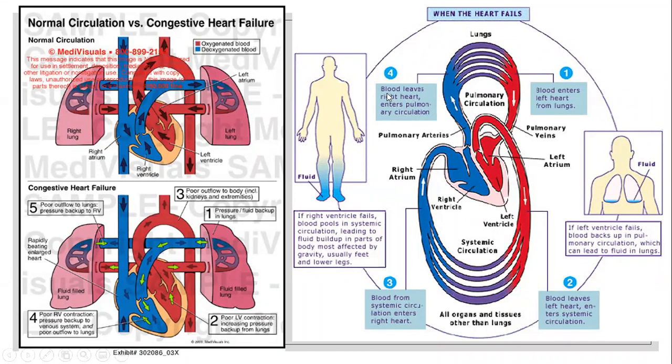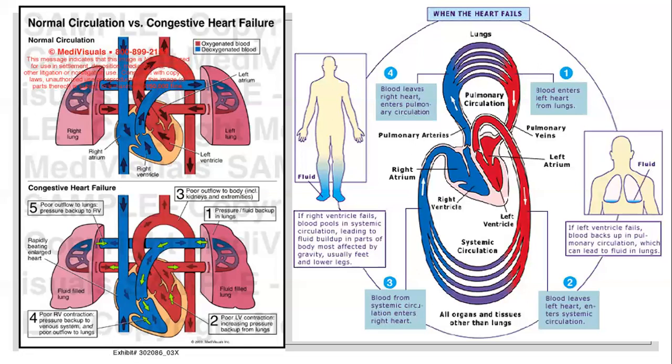So right side heart failure usually occurs as a result of left side heart failure. What does it mean? Usually the patient has left side heart failure, which leads to right side heart failure. Left and right both lead to congestive heart failure or both side heart failure.